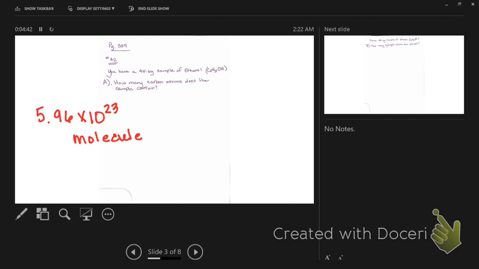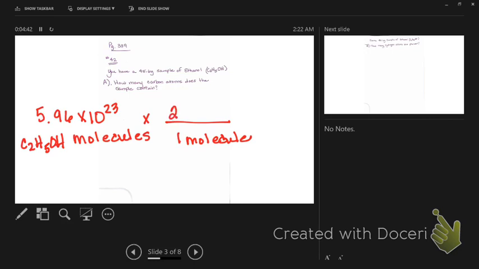All right. So if I have 5.96 times 10 to the 23rd molecules, I want to say, and this is C2H5OH, and I want to say 1 molecule. A molecule, don't forget, is a group of covalently bonded atoms.